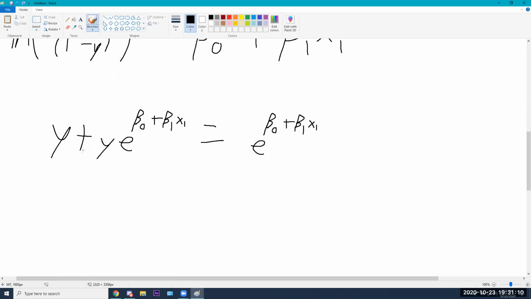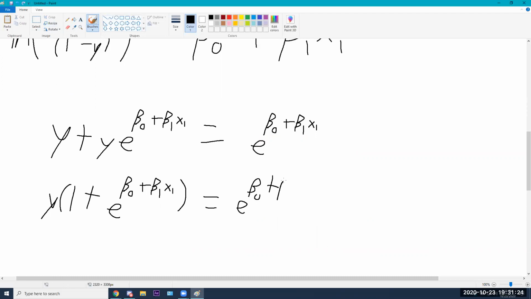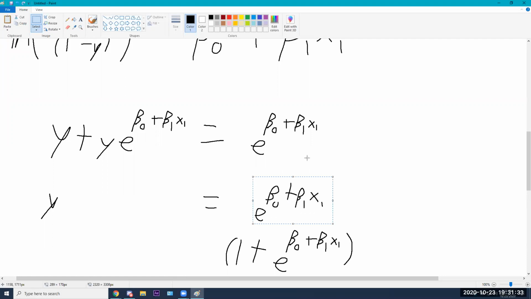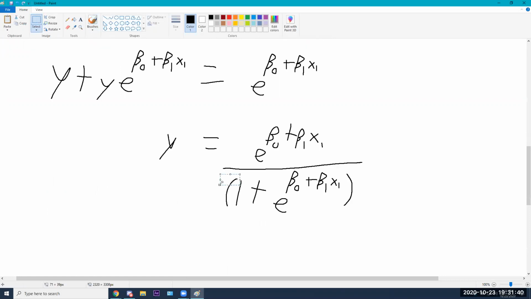Then you group these two terms together, you get y times 1 plus this thing equals this thing, and then you can just divide both sides by this. Then you get your final term for y, and it's equal to this. So this is our final formula for the logistic regression function.